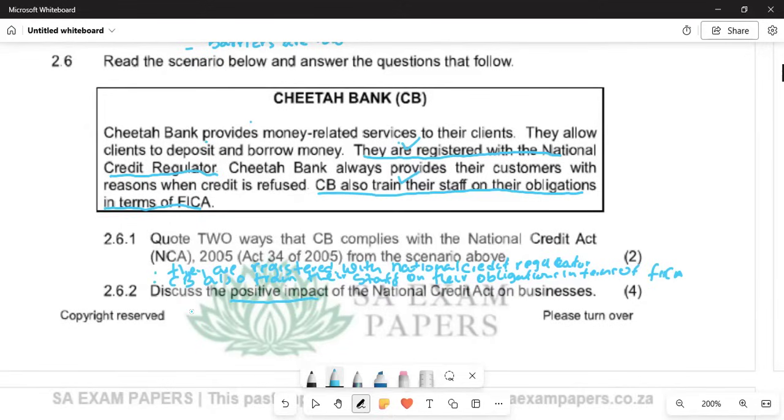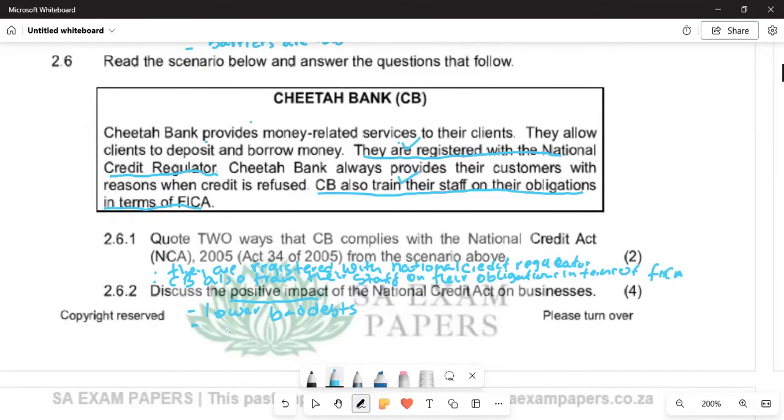So it lowers bad debts, which is going to result in better cash flow.